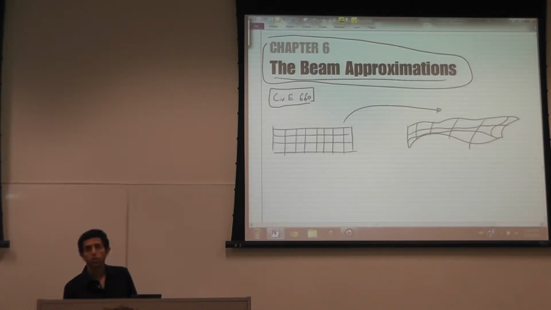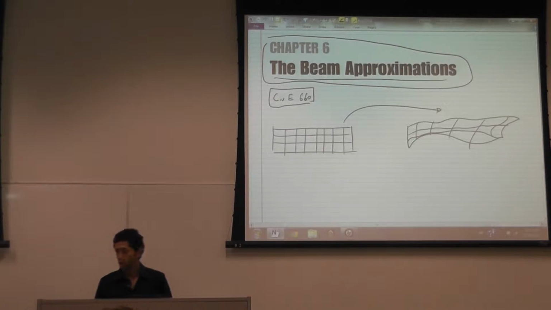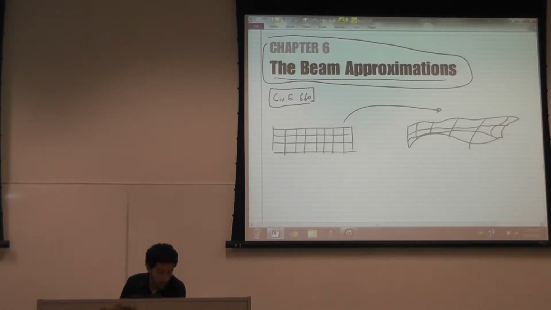And as long as you have adequate measures of stress or strain, you're able to deform things with very large deformations. However, for us to be able to do things by hand, we had to develop the beam approximation, in which we put very restrictive assumptions on the possible deformation shapes of beams.